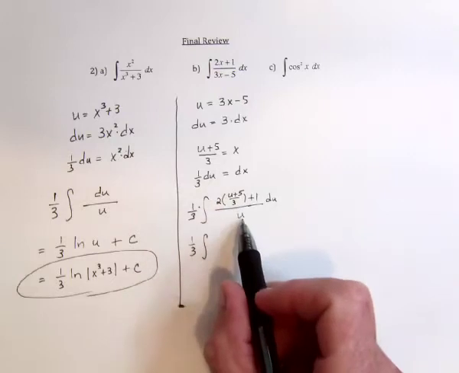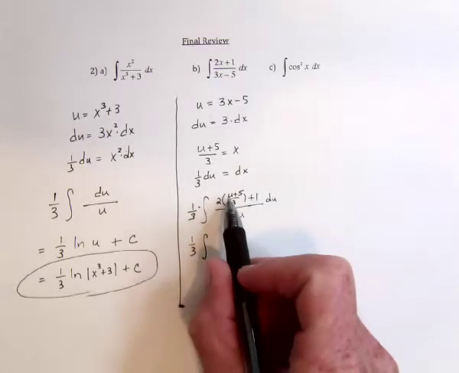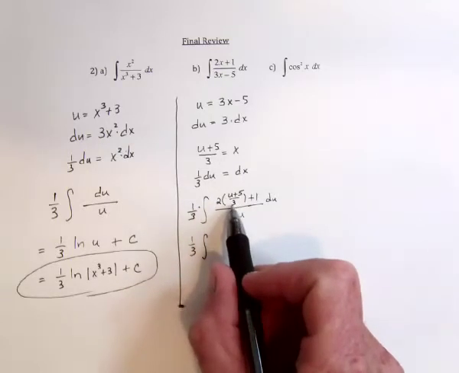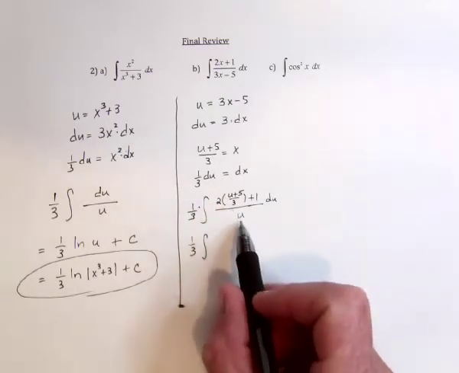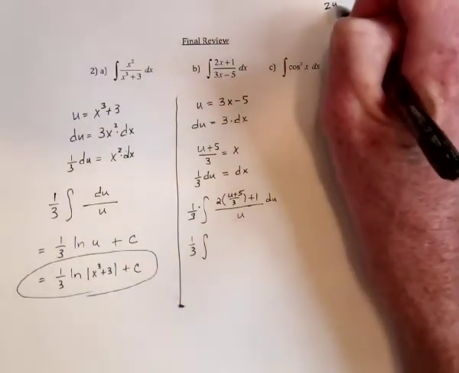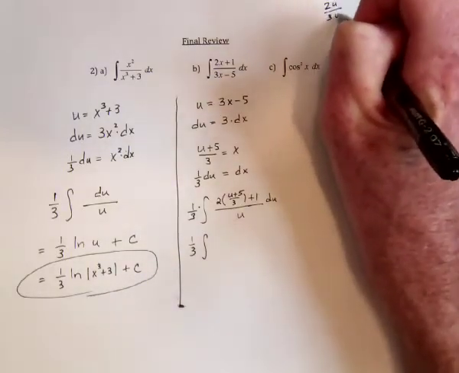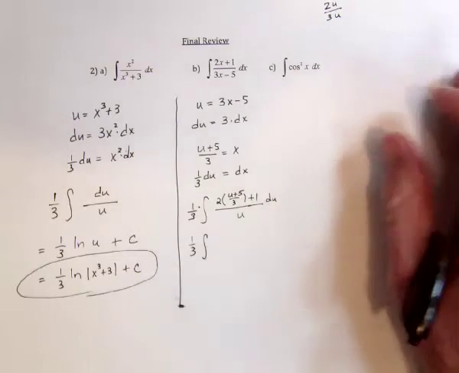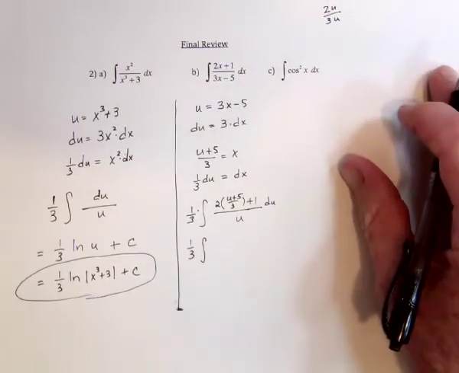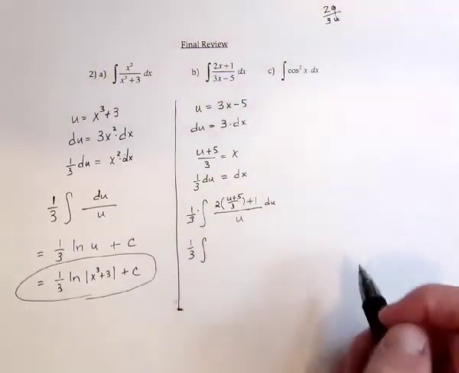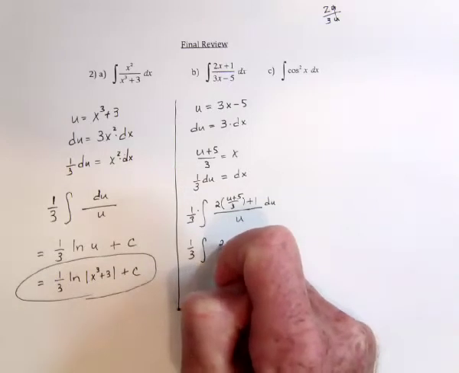and then everything's going to be divided by u. So what I'm going to do is break it up into, instead of having one big fraction, a couple of little fractions. So there's 2u over 3, but then that gets divided by u. Can you see my scratch paper up there? Then the u's are going to cancel, so we're left with just a 2/3.